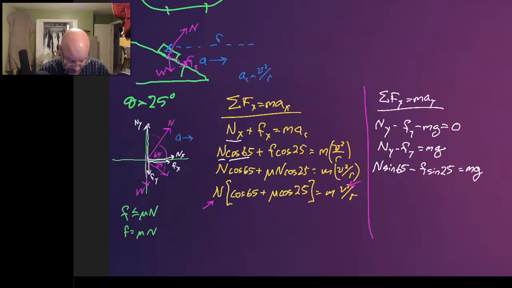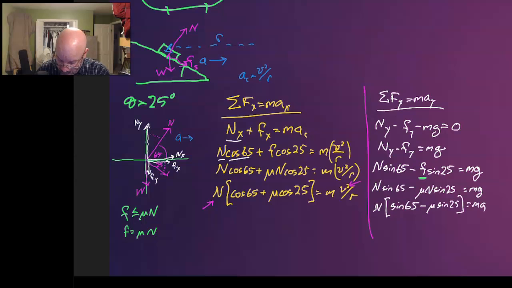We'll make the same substitution for the force by saying that it's got to be mu times N. So now I've got N sine 65 minus mu N sine 25 is mg. Again, one more step here. We're going to pull out the N: N times sine 65 minus mu sine 25 is mg.